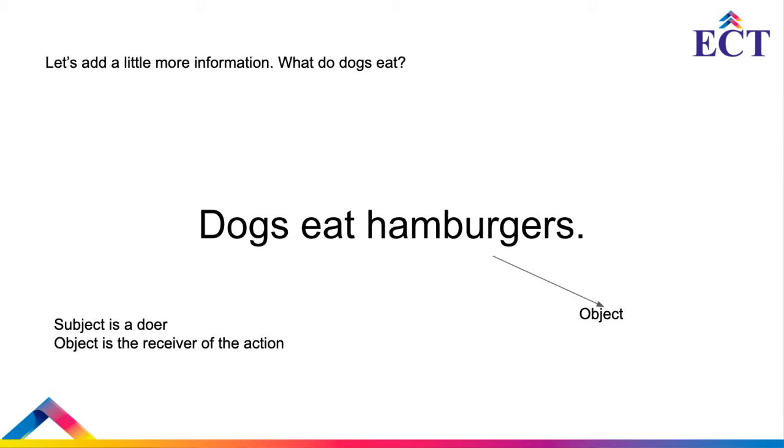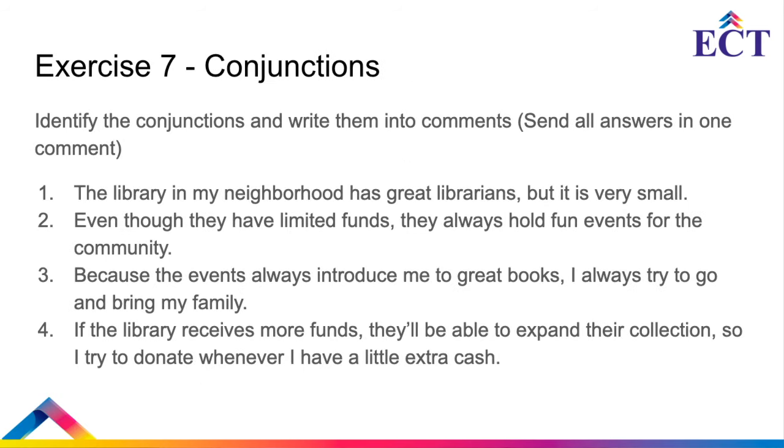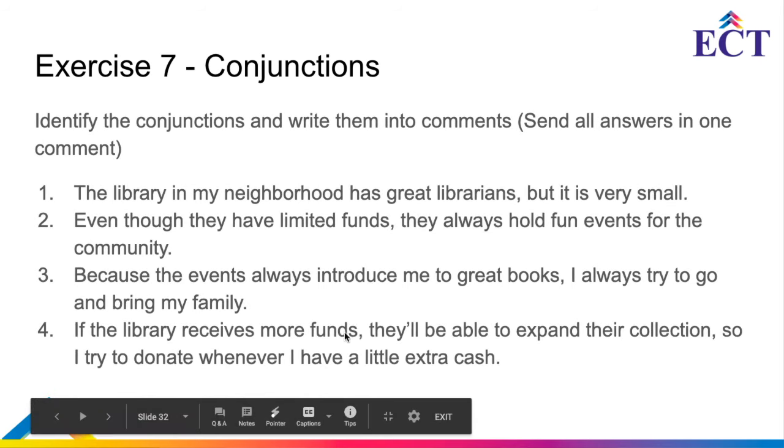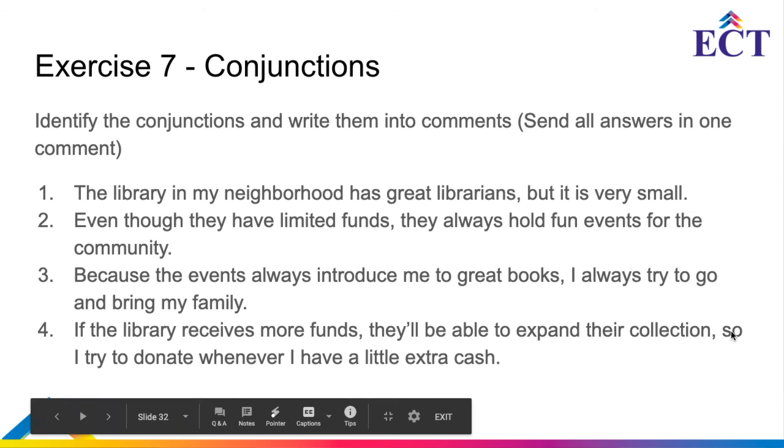If we talk about these two, you were talking about this one. So if the library receives more funds, they will be able to expand their collection, right? Till this one the sentence is here, and then we are adding some more information through so. So I try to donate whenever I have a little extra cash, and that is why we have added more information by adding so.